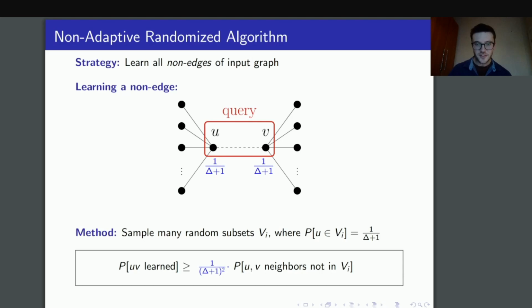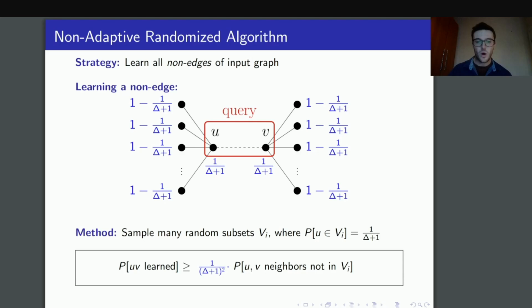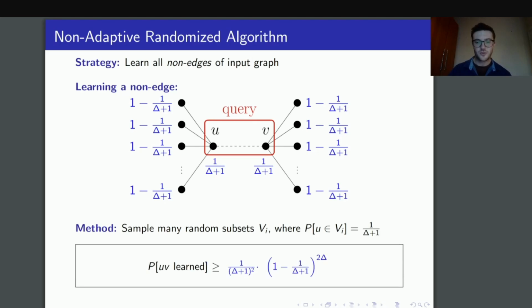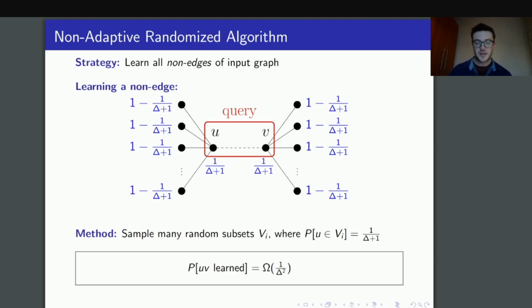And looking at the second term, we see that this must occur with 1 minus 1 over delta plus 1 to the power of the number of neighbors that u and v might have. This is at most 2 delta, and so we can bound this again by 1 minus 1 over delta plus 1 to the power of 2 delta. This results in the probability that a specific non-edge uv is learned being omega of 1 over delta squared.